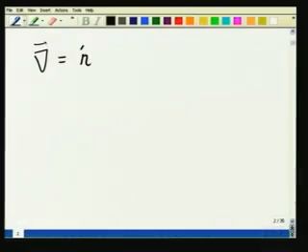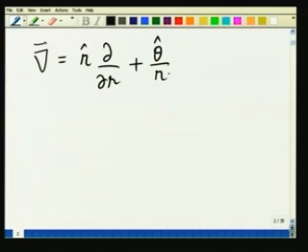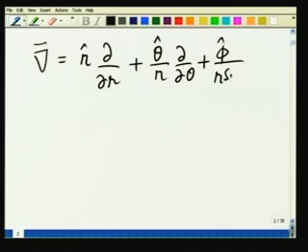For example, in the spherical polar coordinates, the partial derivative in the direction of r is indeed partial with respect to r. On the other hand, in the direction of theta, it is like this, and in the direction of phi, it is divided by r sin theta, d by d phi.